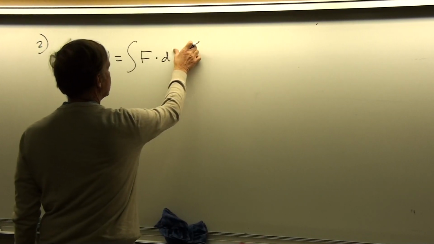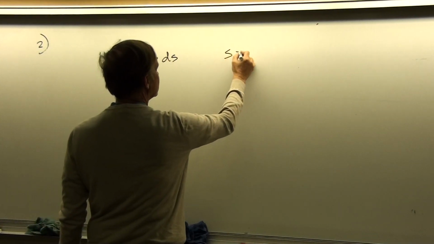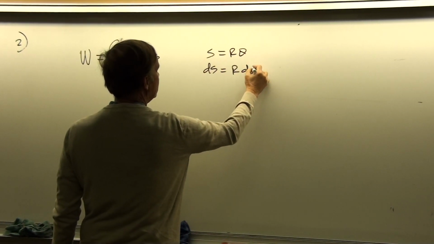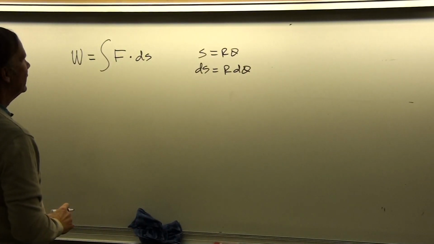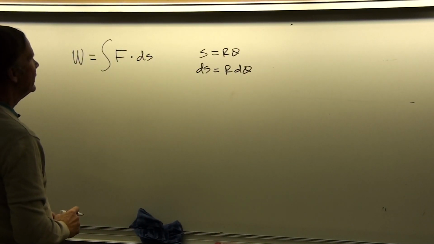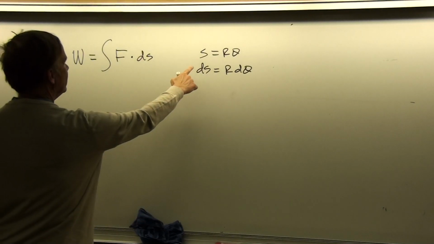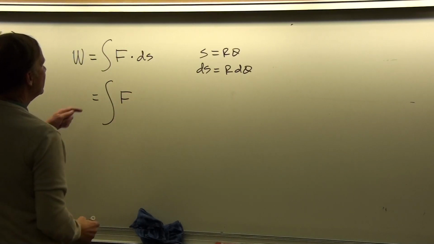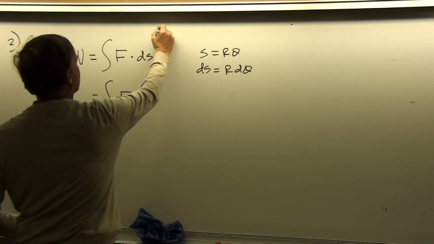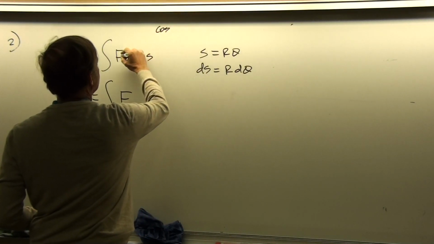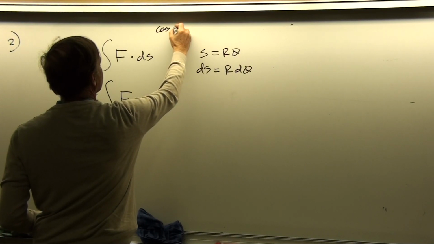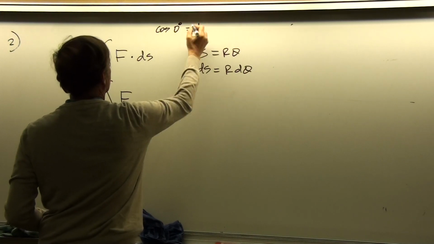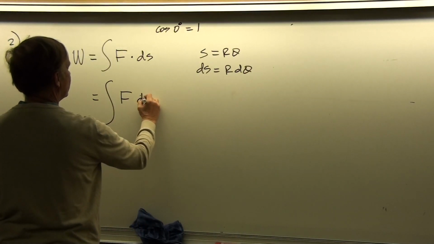And so if this becomes a d arc length, then s is equal to r theta, and ds is equal to r d theta. Okay. And so if we do that, then we can rewrite the system as work is equal to the integral of F. And let's assume that the angle between the force and the displacement vector is 0 degrees, so cosine of 0 equals 1, and we just have F ds.